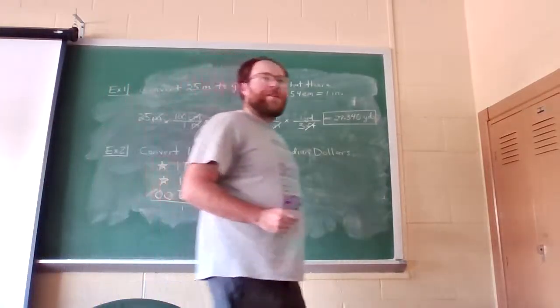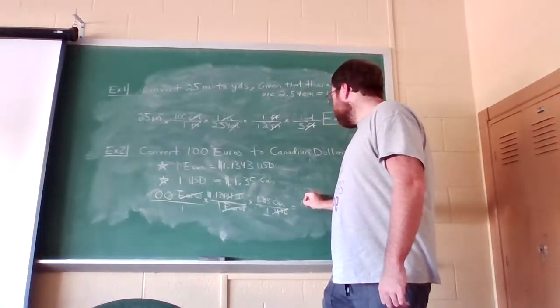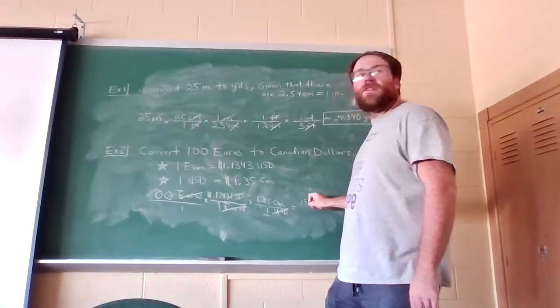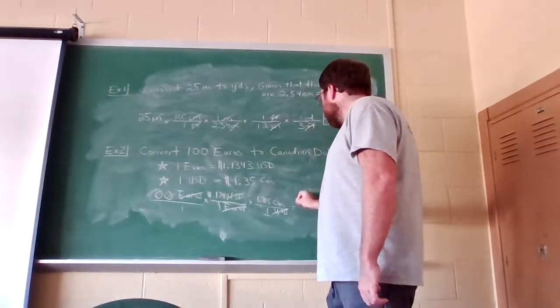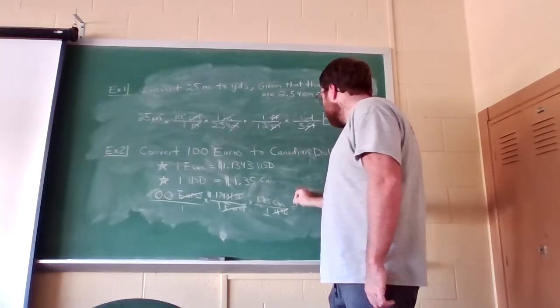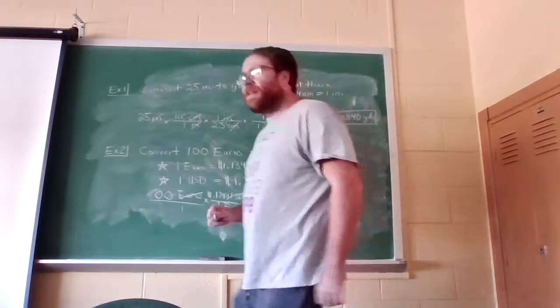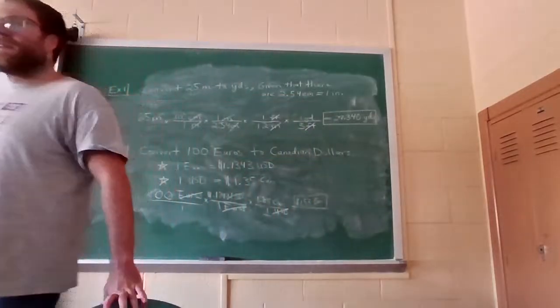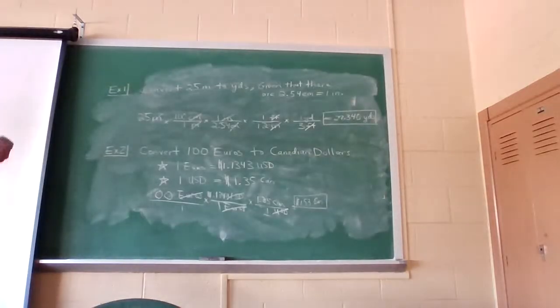Bottom will just be 1, but then the top multiplied together was what, 153 and some change. Any questions?